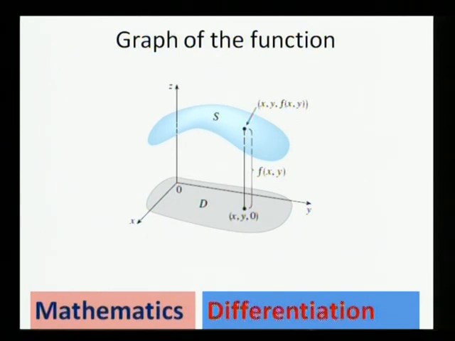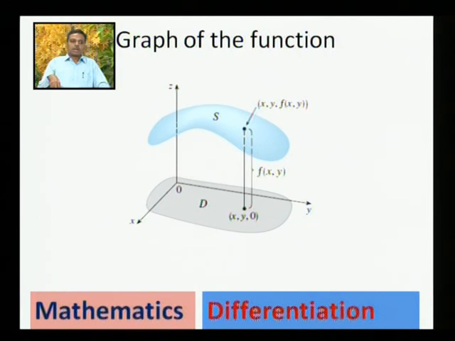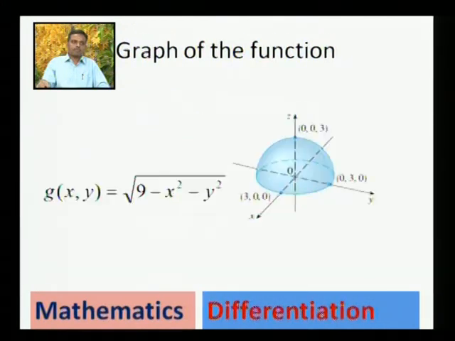We have x axis, y axis, z axis and origin. Now in the xy plane, if you take any point (x, y, 0), then you can see its image above, that is (x, y, f(x, y)). Right? So this image, the shaded bluish part, is known as the graph of the given function.